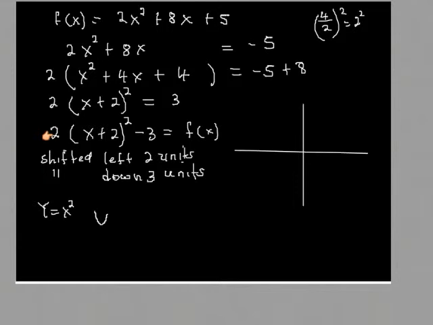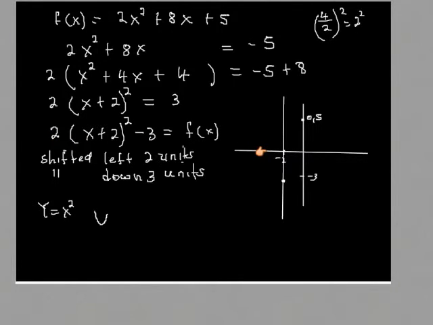Okay, the best way to handle this would be to first identify your vertex, which would be (-2, -3), and you should already know that your axis of symmetry is right over here. Very quickly you can tell that the y-intercept is (0, 5).